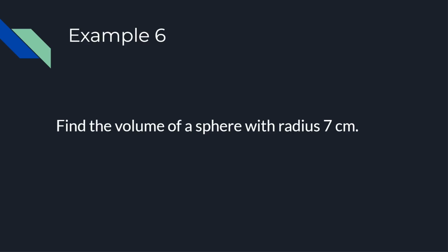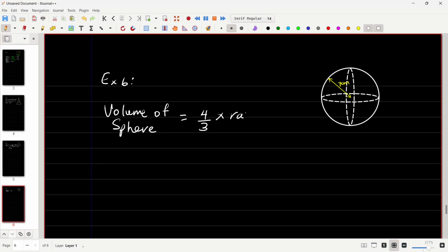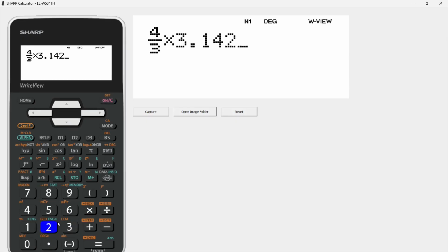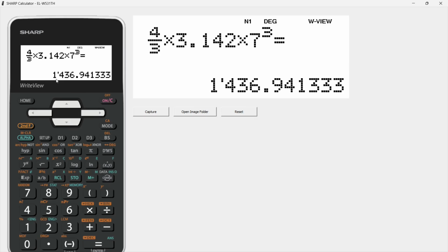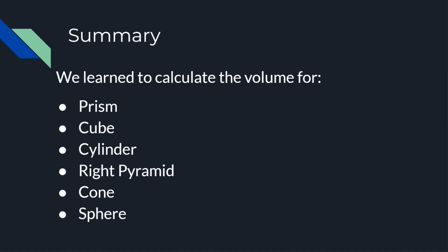Let's do this example to show you how it works. All right, and that's it.